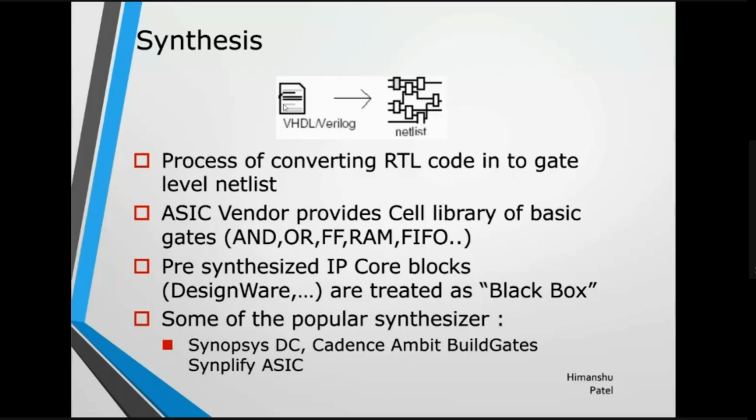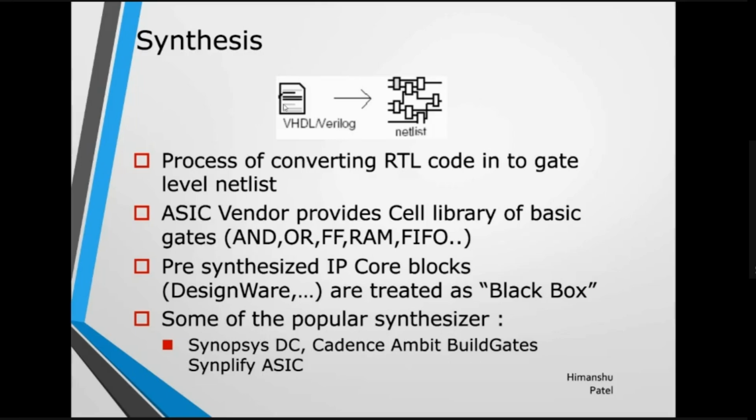Now, pre-synthesized IP core blocks are treated as black boxes. What he meant is, in our previous session, we discussed IPs, the intellectual properties. If you have an IP purchased from some third-party vendor, he will give you a synthesized version and a raw version of RTL.